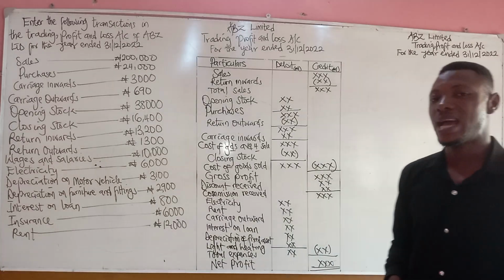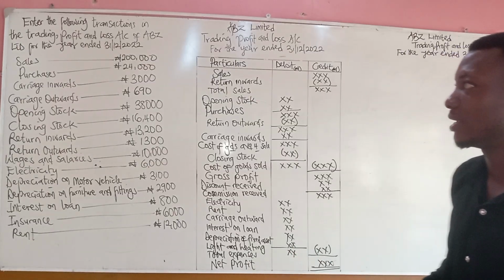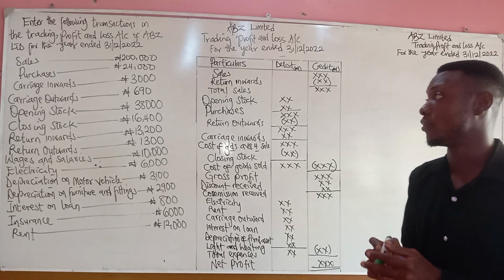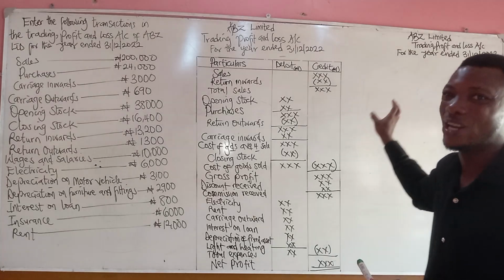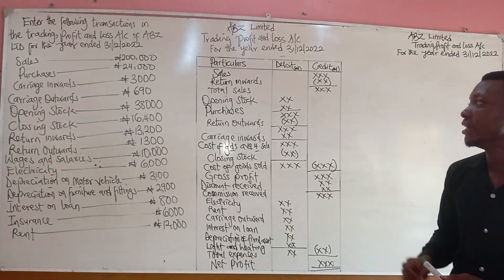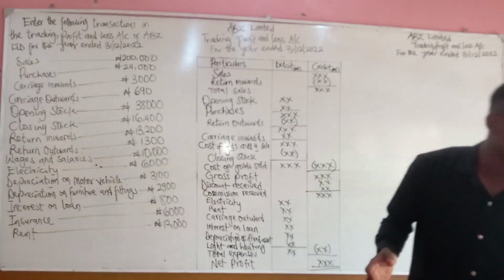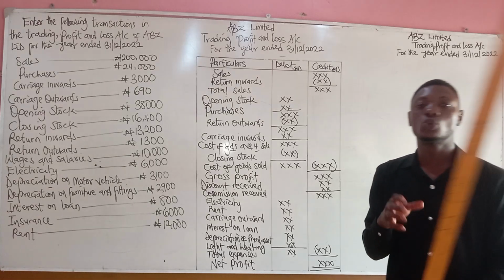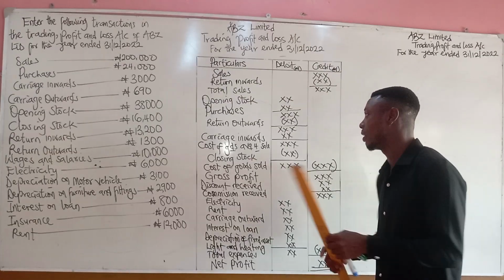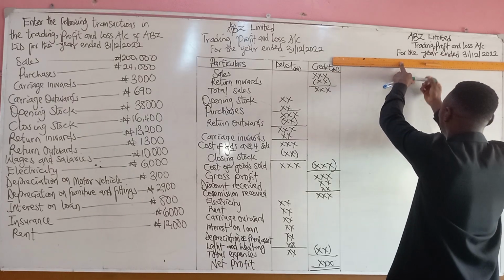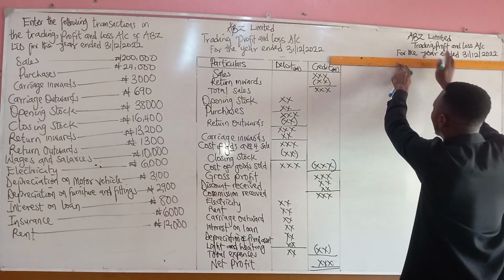Now, we've written a heading. It's always important to write your heading because in examination, while the examiner is going through your work, marks are always allotted to heading. And it is always very important to rule with a ruler because accuracy and neatness is one of the qualities of an accountant.